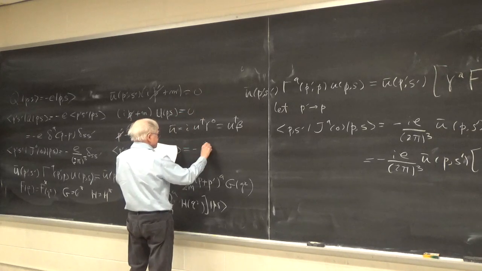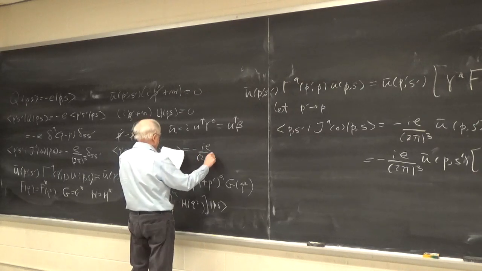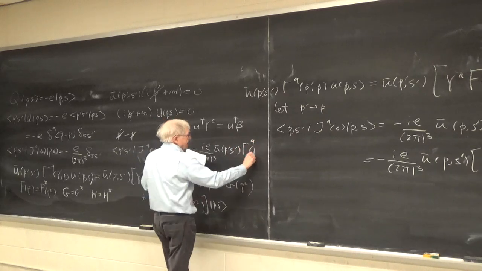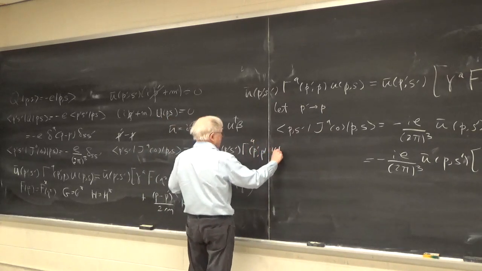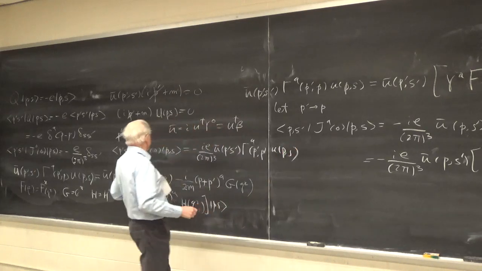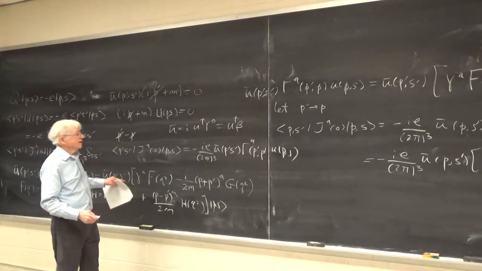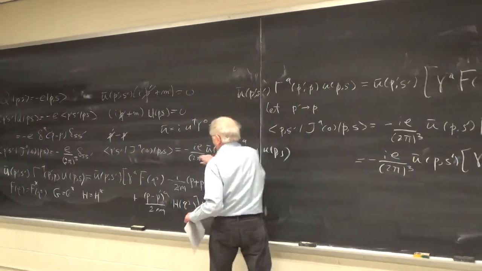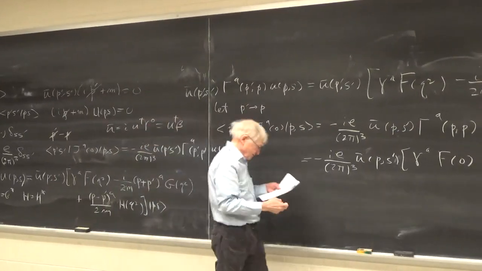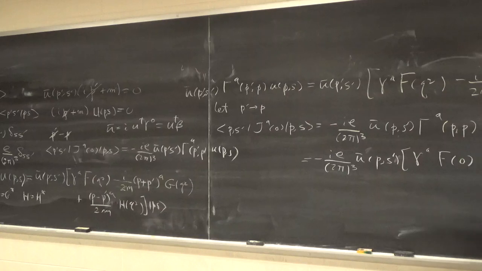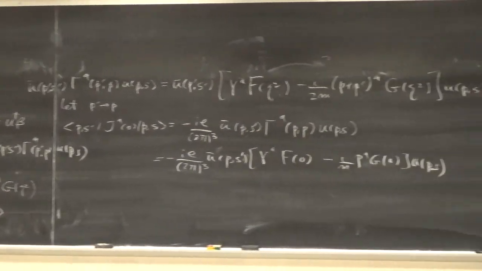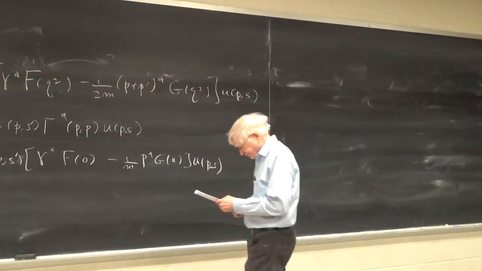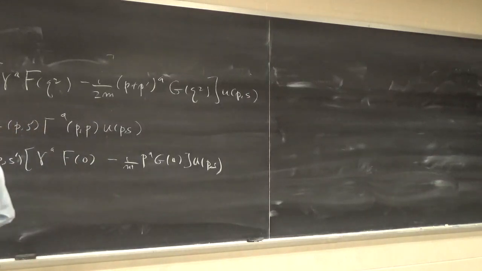So this is minus IE over 2 pi cubed U bar of P prime S prime gamma A of P prime P U of P and S. From this expression, changing the gamma A and so forth to a J0, we get this expression. In other words, we can exchange a gamma A for a JA at the price of an IE and a 2 pi cubed. These notes are online already.